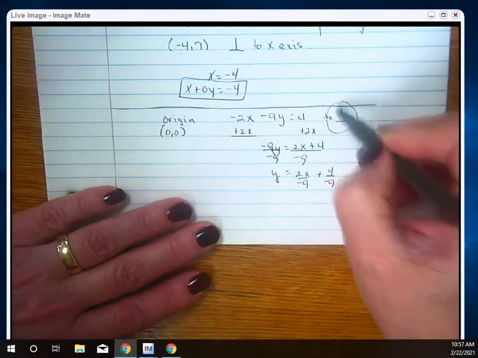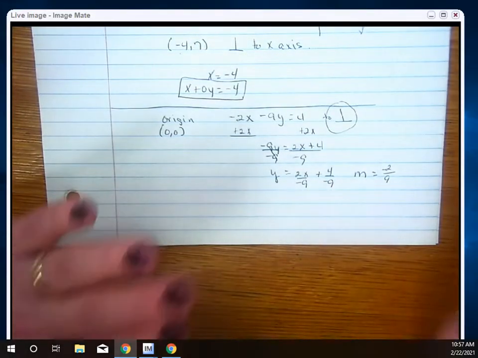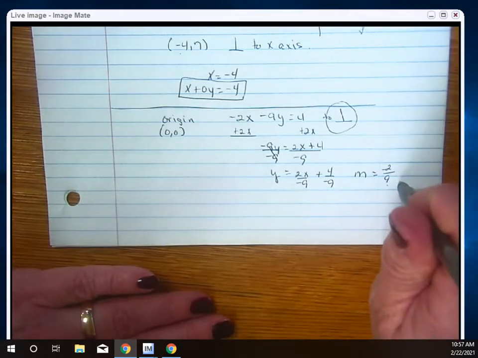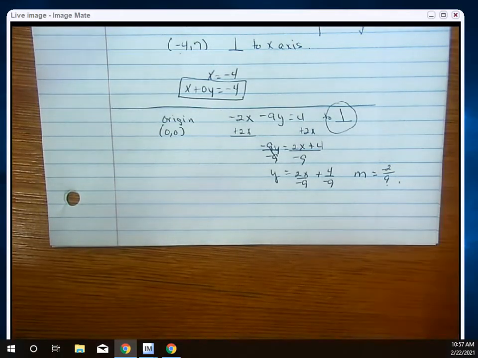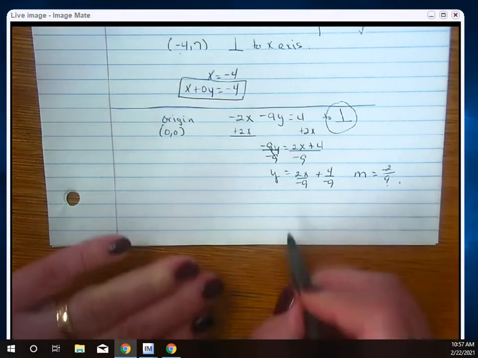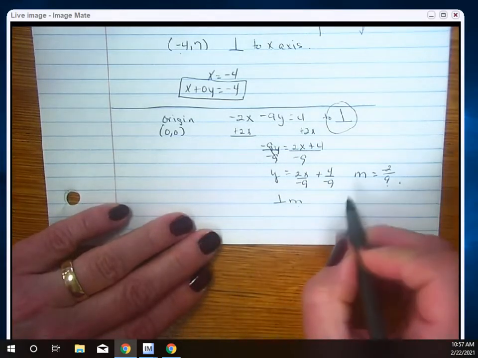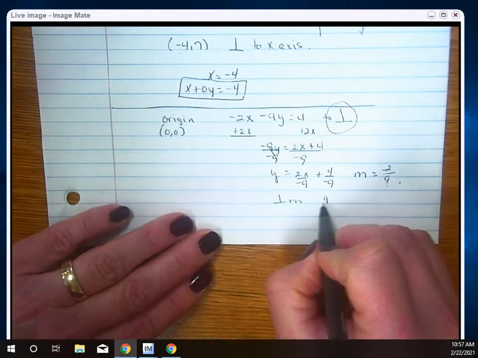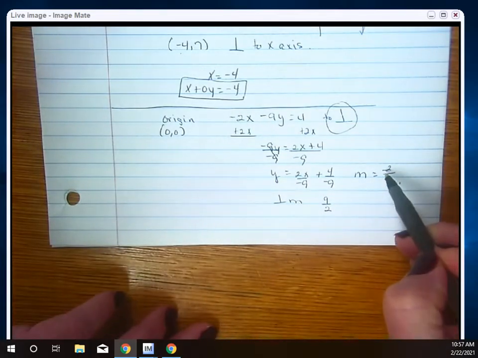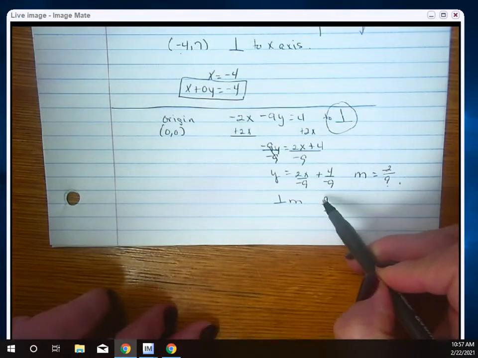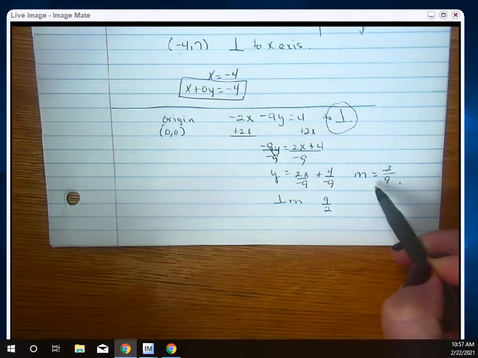Now, I said perpendicular to, not parallel to. If it's parallel, you use this slope. If it's perpendicular, what do you do? The perpendicular slope is the opposite reciprocal. It was a negative, so I'm going to use a positive, and I'm going to flip my fraction.